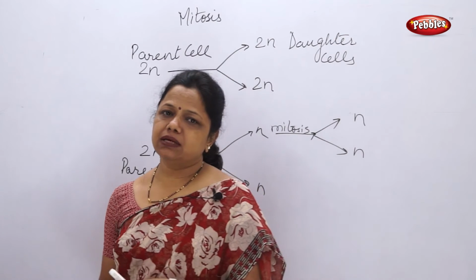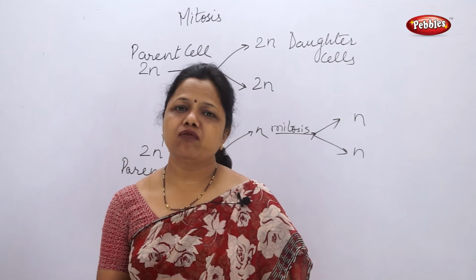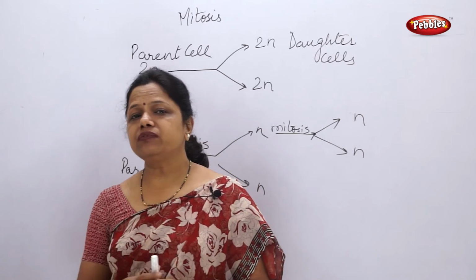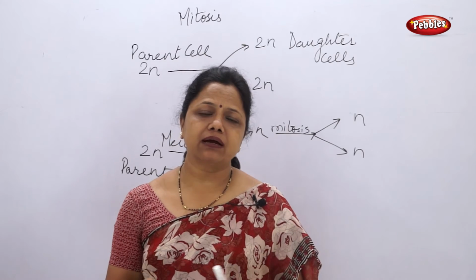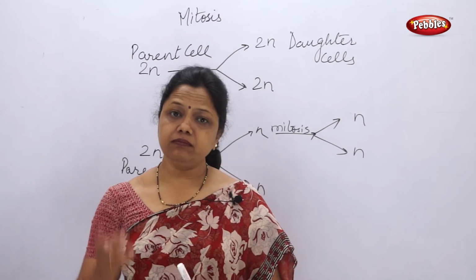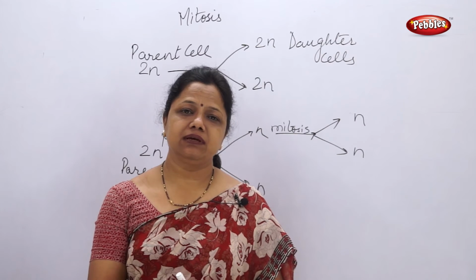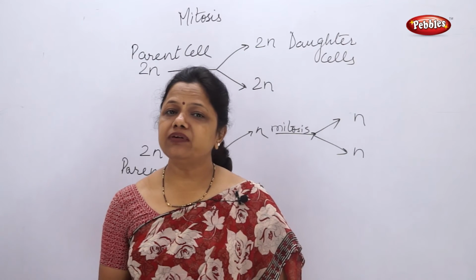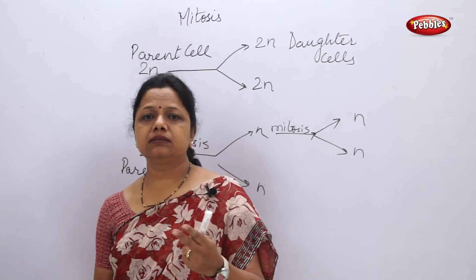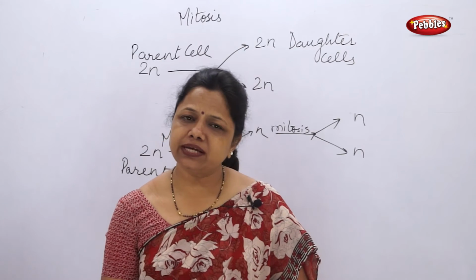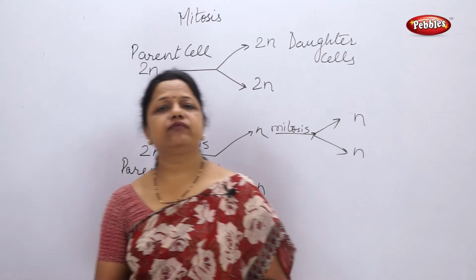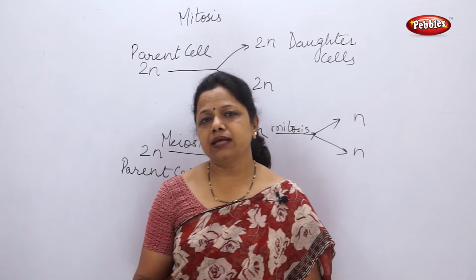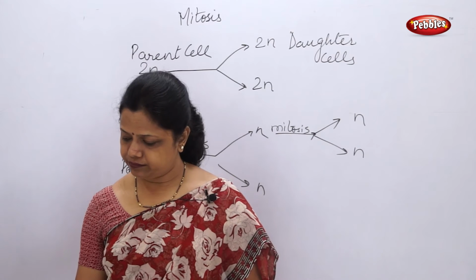One of the male cells is fusing with the egg in the ovary, forming the zygote, and the second male cell is fusing with the secondary nucleus of the embryo sac, forming the endosperm. Fertilization is taking place 2 times, and that is why it is called double fertilization. Why? Because both male cells are getting involved. One is fusing with the egg and the other is fusing with the secondary nucleus of the embryo sac.